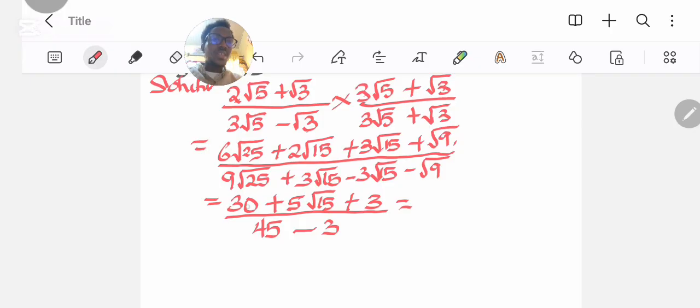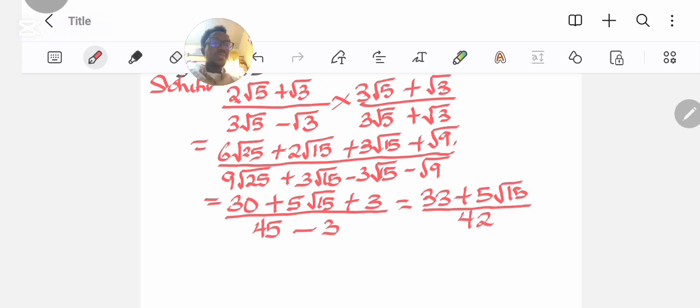So from here, this 30 plus 3 is going to give us 33 plus we have 5 root 15, all over 45 minus 3 is going to give us 42.